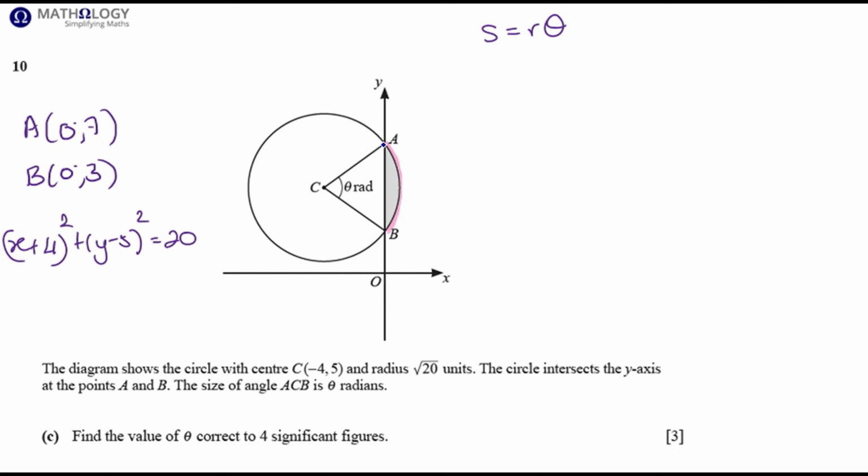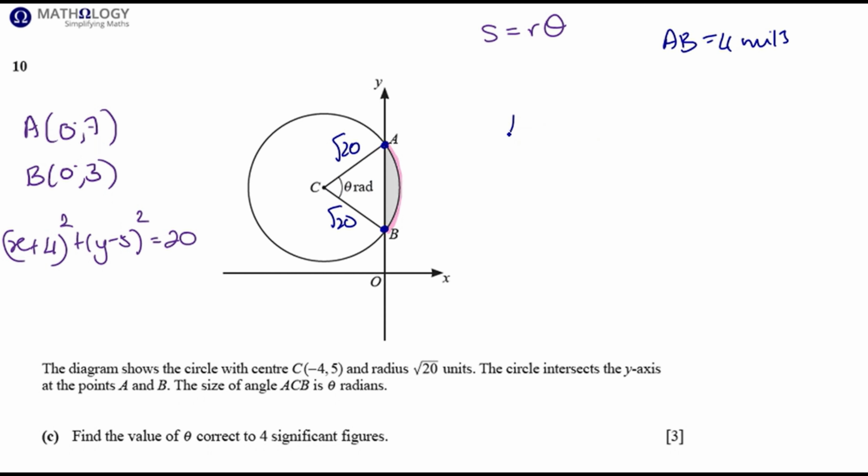We know the coordinates of A and of B, which are (0, 7) and (0, 3) respectively. We know that AC and BC are both root 20 units in length because they are the radii of the circle. We can therefore determine the length of AB. We know that AB is therefore 4 units. So we can use the cosine rule to find theta.